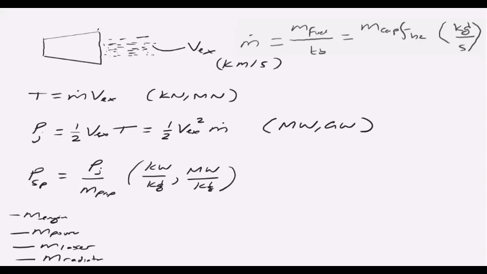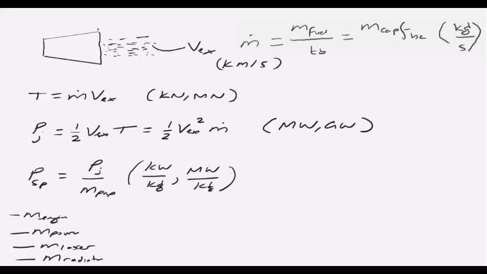And then the thrust is simply the mass flow rate times the exhaust velocity, which might be in kilonewtons or meganewtons. The jet power is 1/2 of the exhaust velocity times the thrust, or 1/2 of the exhaust velocity squared times the mass flow rate, which might be in the units of megawatts or kilowatts.